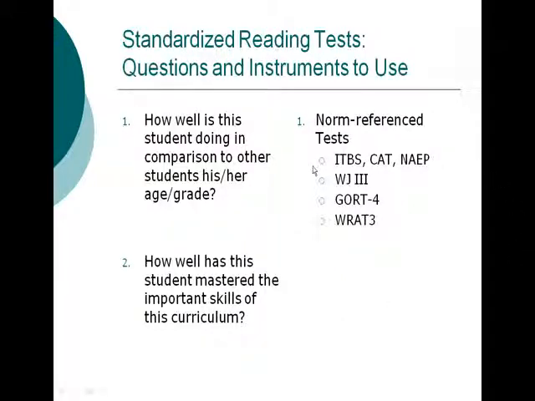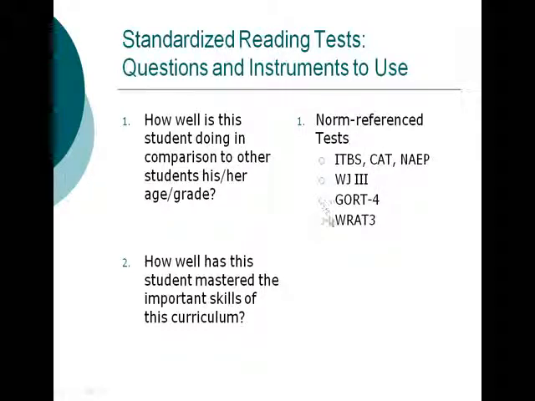So the first row of tests are group administered: ITBS, CAT, and the NAEP. And then the last 3 sets have to be individually administered. Remember that the scores you get tell you how well this student is doing in comparison to other students his or her age or grade. That's what makes it norm referenced.